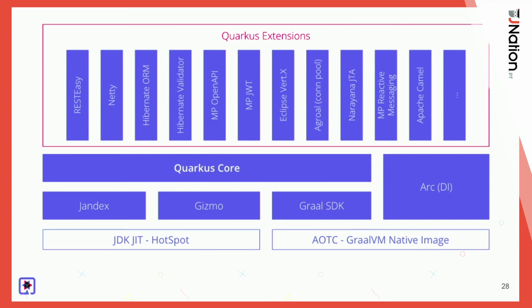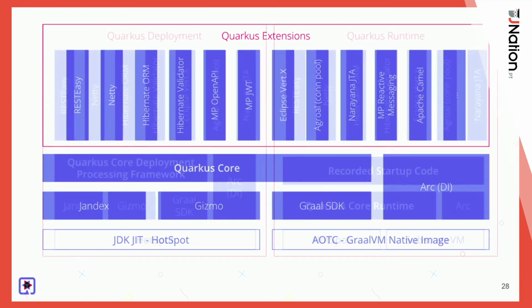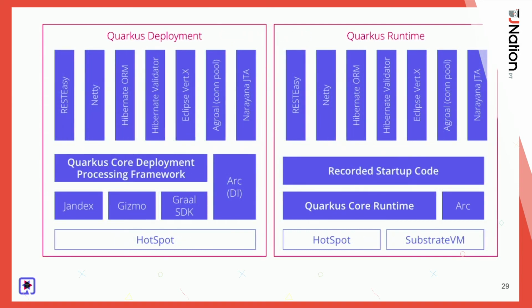Now, this architecture diagram doesn't really tell the full story, because really, it looks more like this. For every extension that you have in Quarkus, there's actually two parts. There's a deployment time part that will do things like the annotation processing and try and figure out what needs to happen at runtime. And then there's a runtime part that will do things like actually servicing requests and making the application run.